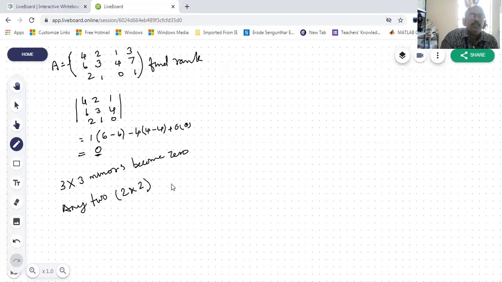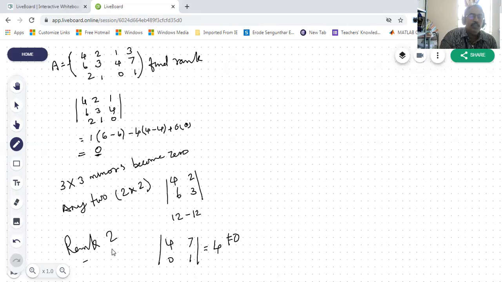You can take anything: 4, 2, 6, 3, so this is 12 minus 12. See the last minor of order 2: 4, 7, 0, 1. So this is 4, which is not equal to 0. So the rank is 2. So this will be the answer.